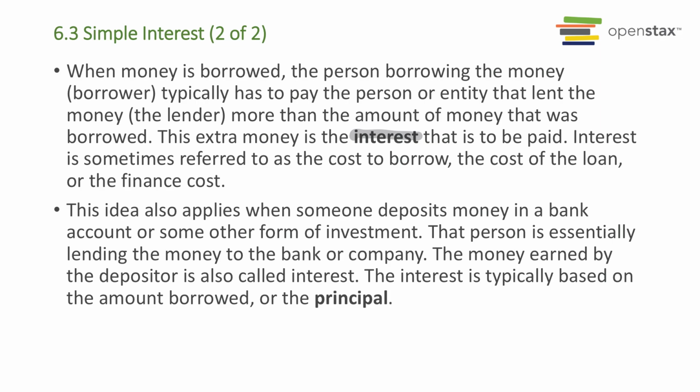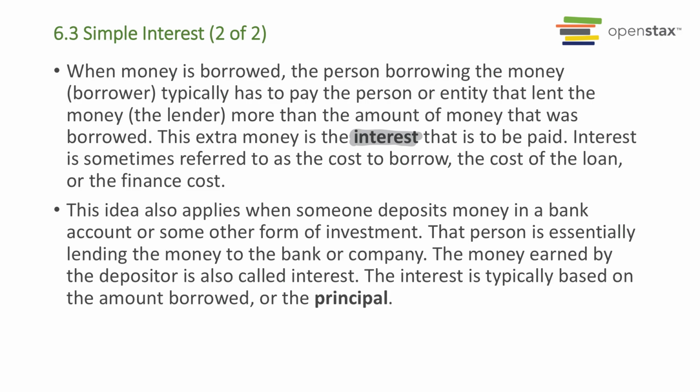That can be paid in different ways, but in this particular section, we're going to talk about simple interest, which typically is paid one time, but there are examples where simple interest can be paid more than once if you make a partial payment during the repayment instead of a lump sum at the end.